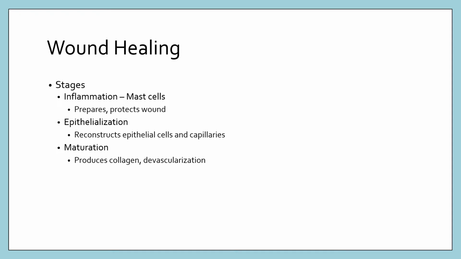And then the maturation of the scar is when you have collagen in the wound that holds the wound together, and it takes a long time before that collagen scar tissue gets replaced by healthy skin. And then there's devascularization of that area.